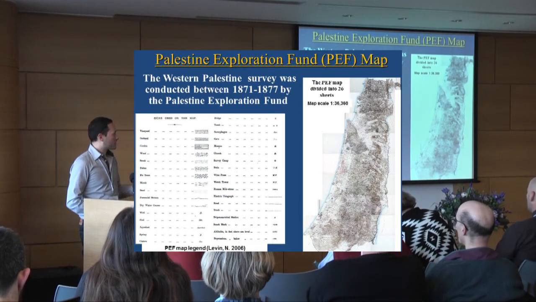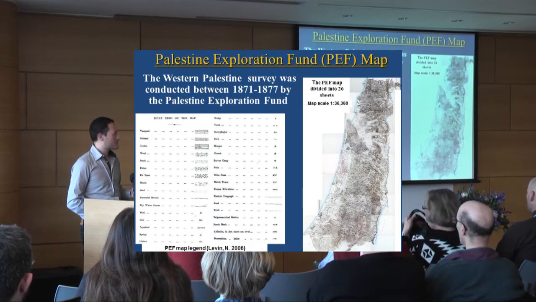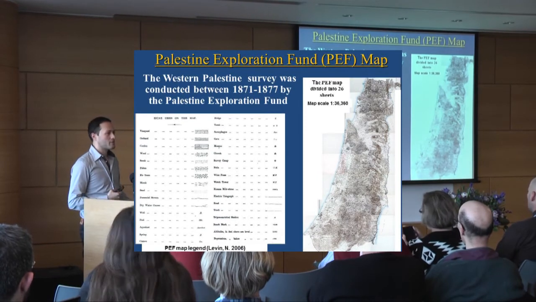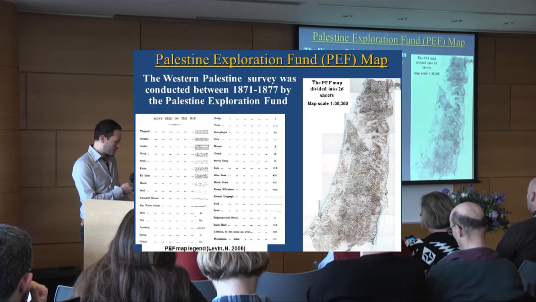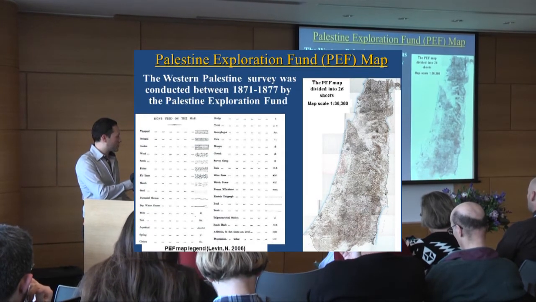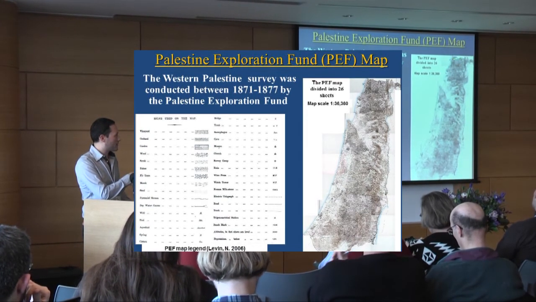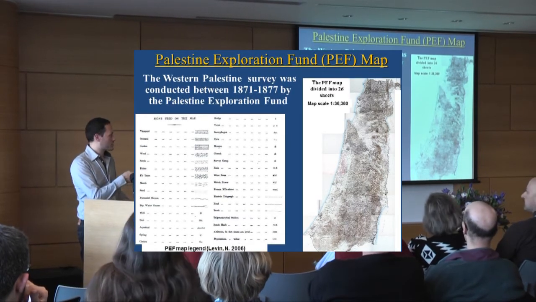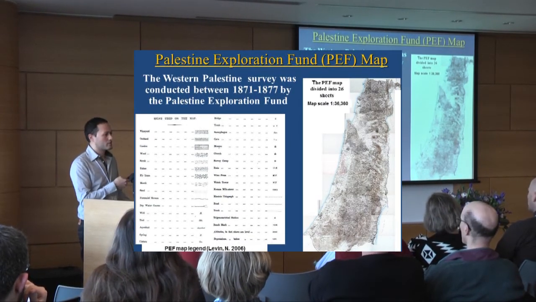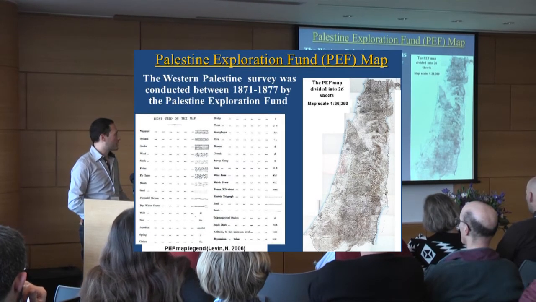It was conducted between 1871 and 1877, and it was published in 1881. As you see, the map is from Beersheba to South Lebanon. However, my research was until the border here, the international border between Israel and Lebanon.